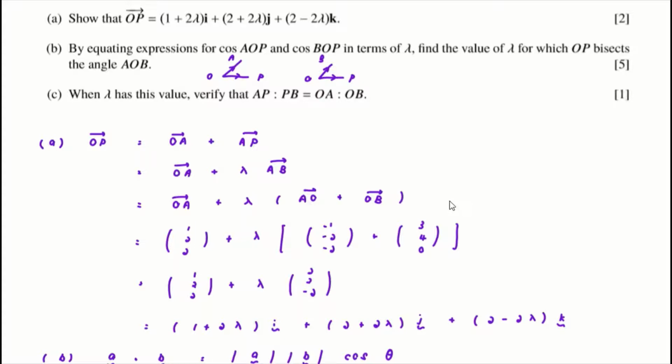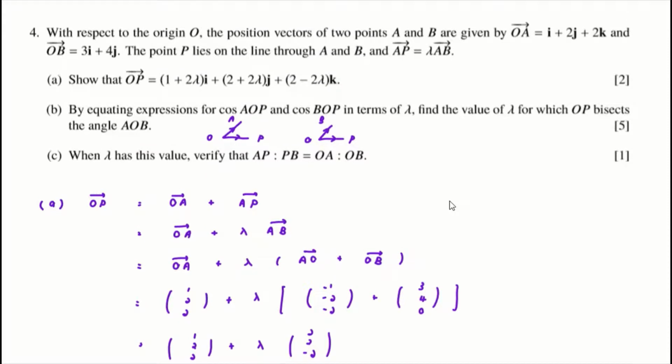So you can imagine this is going to be a long working to show as well, because when you look at OA and OB, they are not in a form where it is just an easy scalar multiplication. You can see the IJK here and the IJK here is definitely not in the form where you can write OA equals to like k OB, you get what I mean? So these two lines aren't parallel.